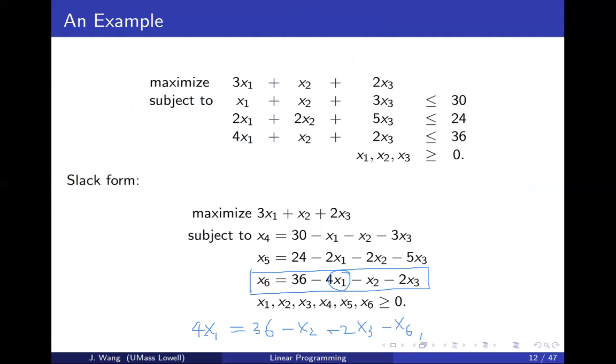Then you move the 4 over to the right-hand side, and we get x1 equal to 36 over 4, which is 9, minus x2 over 4, minus 2x3 over 4, that is x3 over 2, and then minus x6 over 4.